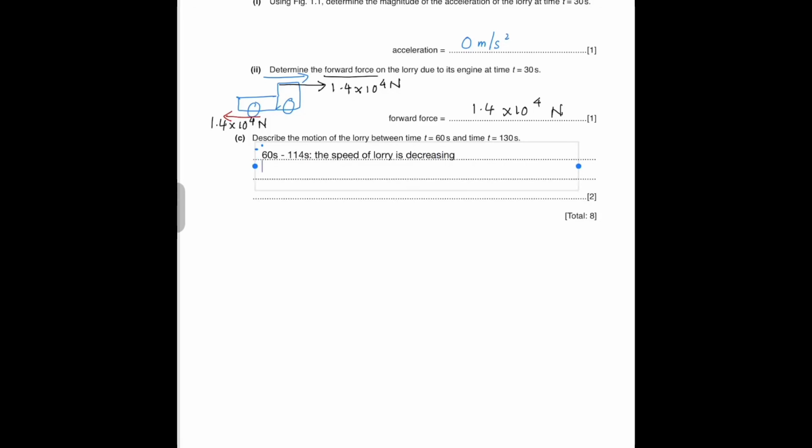Okay, and then for the second point is describing the motion of the lorry for the second section of the graph, which is from 114 seconds to 130 seconds. So within this time taken, the lorry is at rest.